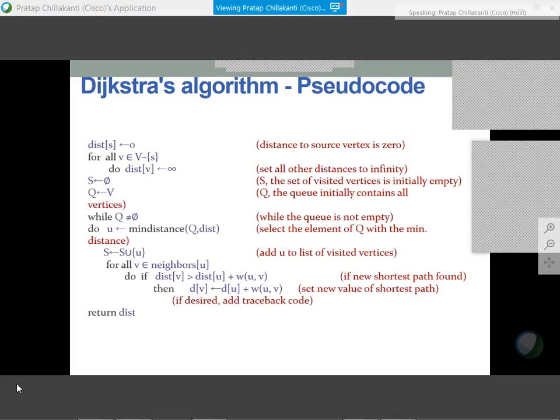Because S is the source. So you're doing what? Distance of V equal to infinity. That means you're setting all the distances to infinity. Similarly, the rest of the code. Okay. Since you did some preliminary programming and I showed you some programming examples, you should be able to understand this pseudocode.